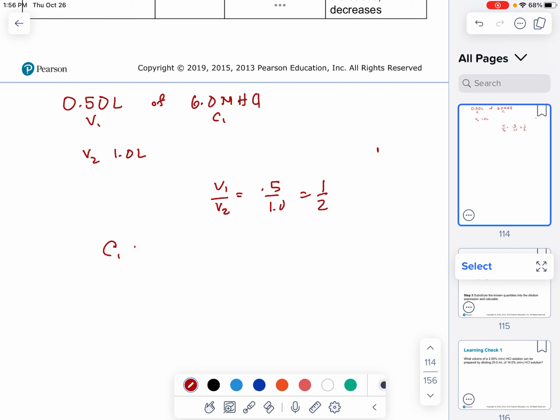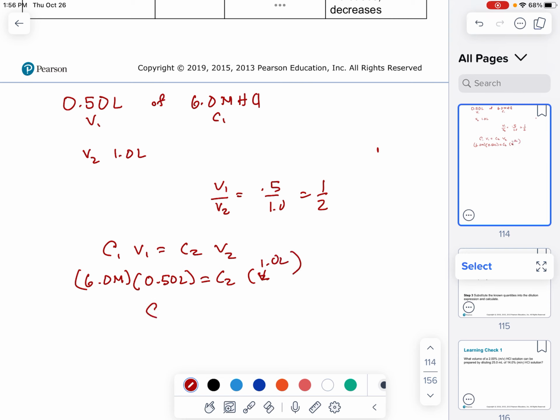But let's do this. C1V1 equals C2V2. C1 is 6.0 molar. V1 is 0.5 liters. C2 is what we're solving for, and V2 is 1 liter.